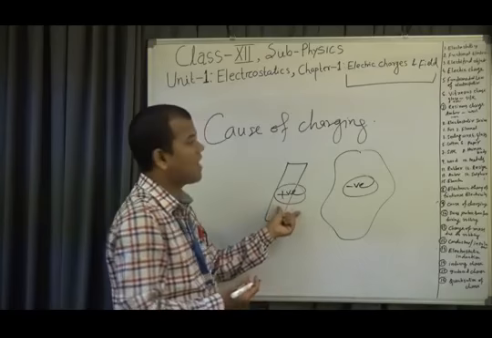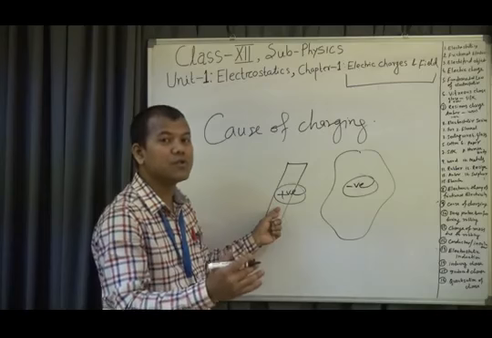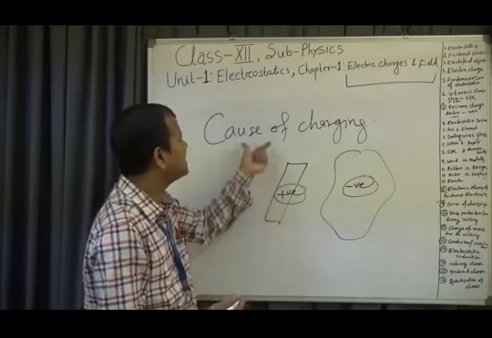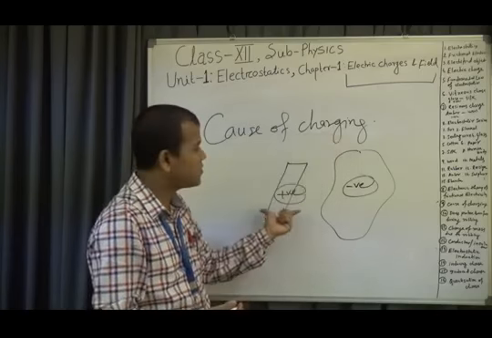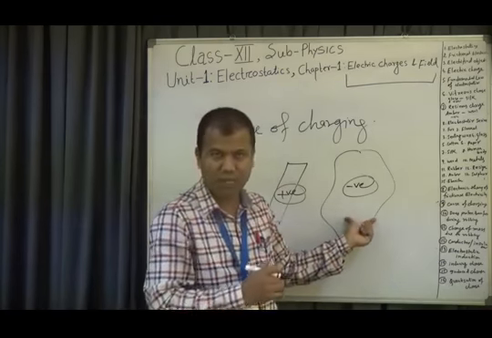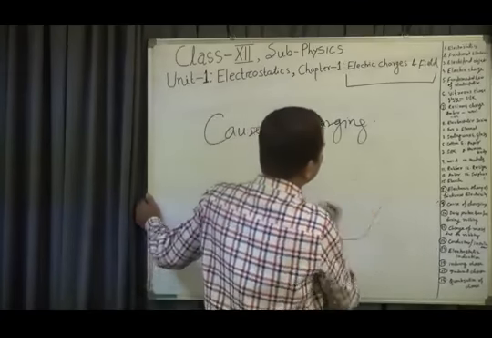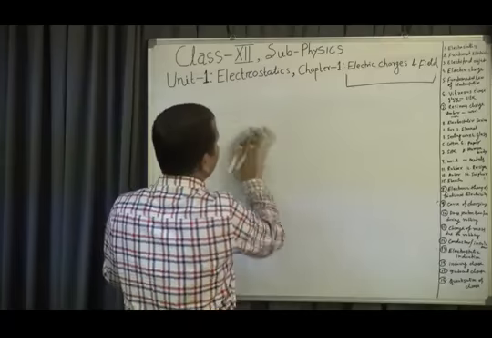Whenever you rub the glass rod with silk cloth, it loses some electrons, and that is the cause of charging. One is charged positively and the other negatively. So it is the main cause behind the charging of any object.